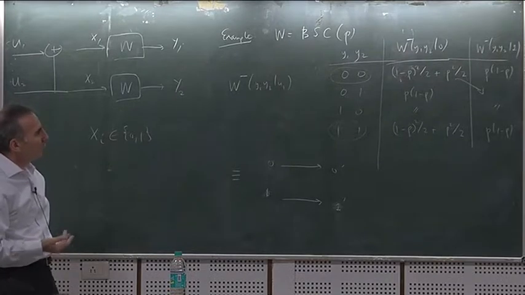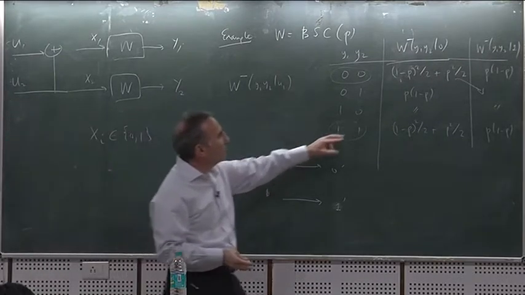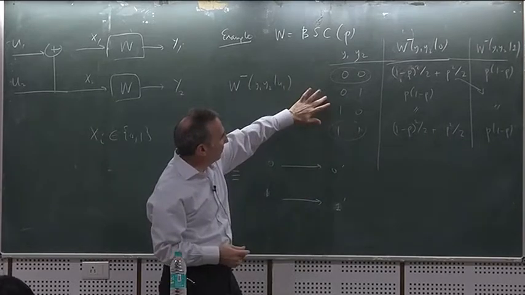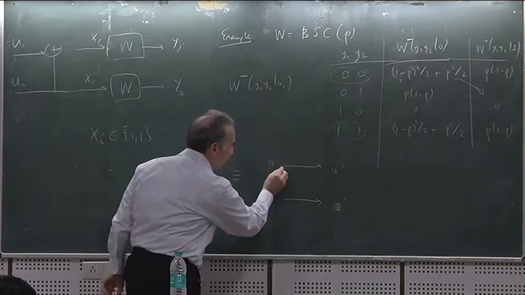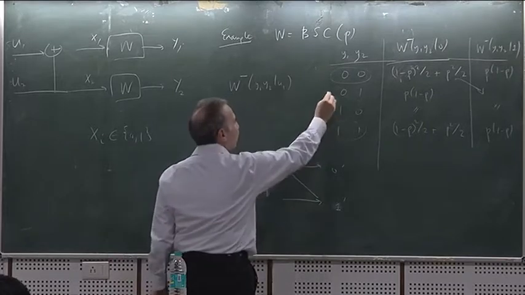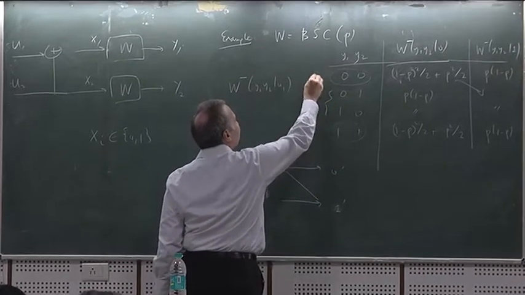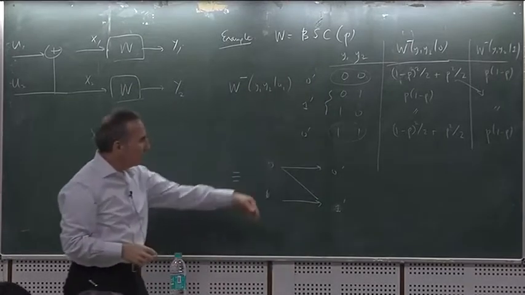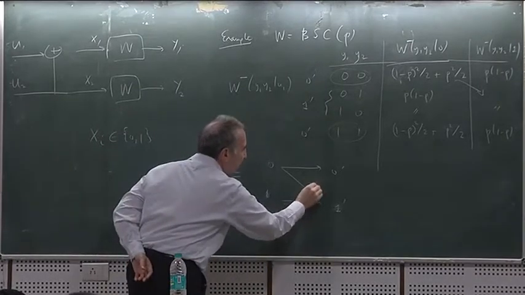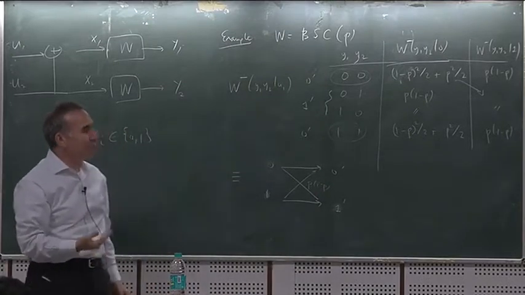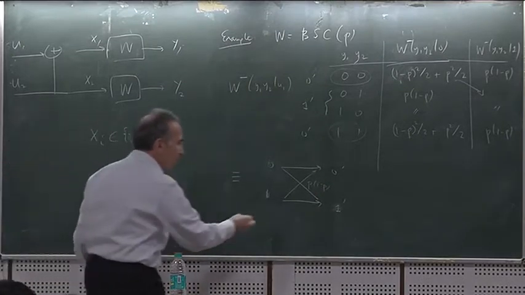If it is 0, you receive one of these. So let me do the following: let me call these two guys 1 prime, and these two guys 0 prime. If you send 0, 1 prime is received with probability p times 1 minus p. And if you send a 1, you receive a 0 prime with probability p times 1 minus p.